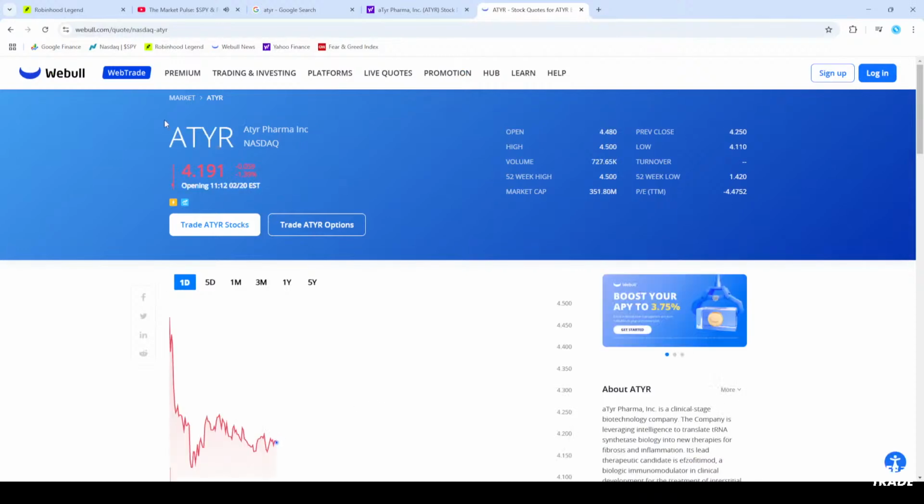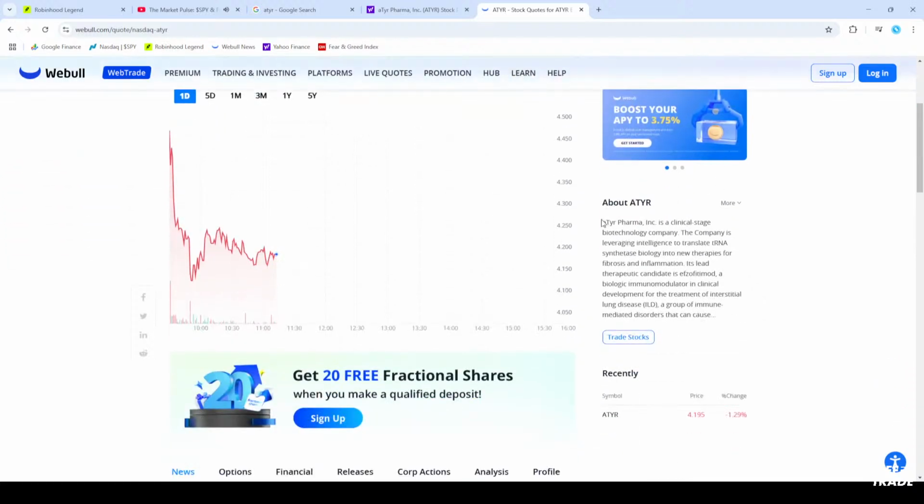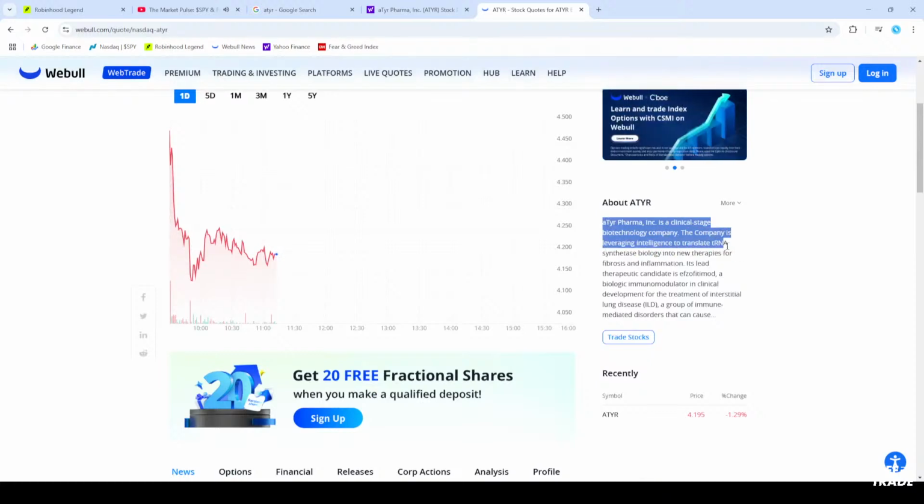Right off the bat, Webull gives us the ticker, the price, and its percentage gain or loss for the day. A good little overview of the 52-week high. It's trading a little bit below. The 52-week low is 1.4, and it's quite a bit above that. Here we go. It's a clinical stage biotechnology company. They use intelligence to translate tRNA into new therapies.